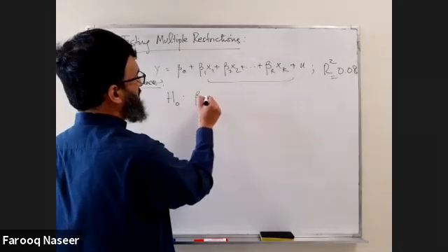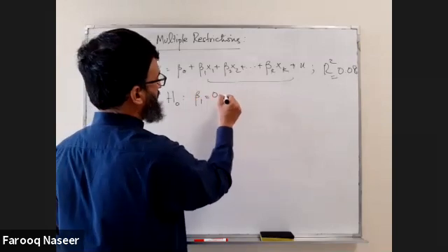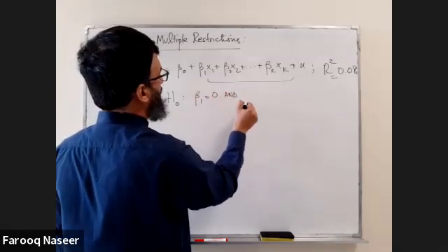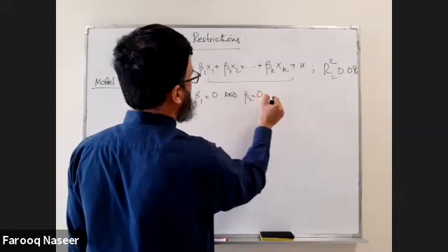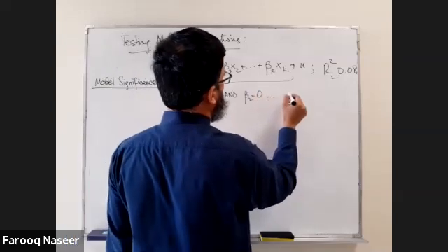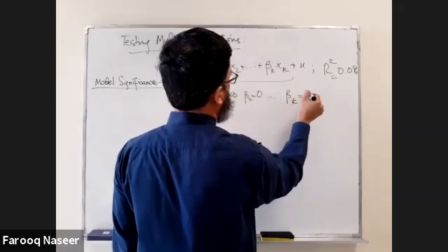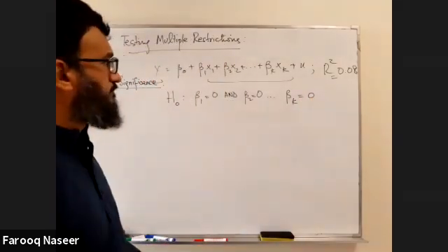So the null hypothesis is beta 1 equals 0 and beta 2 equals 0 and so on up to beta k is equal to 0.